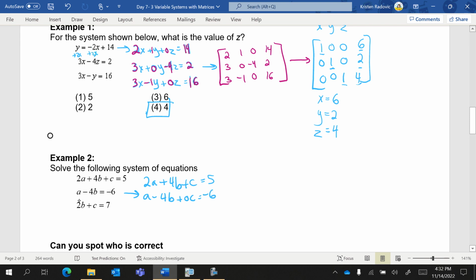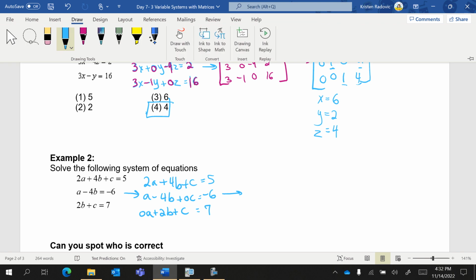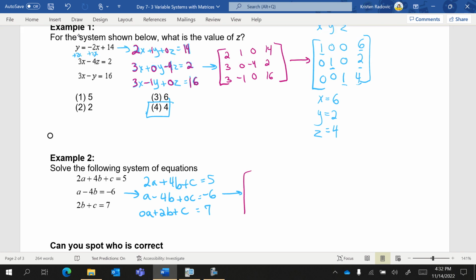And the last one, you're missing an a. So 0a, that looks gross, plus 2b plus c equals 7. And now that you included all of your placeholders, you can create your matrix. And that matrix is just going to be the coefficients.